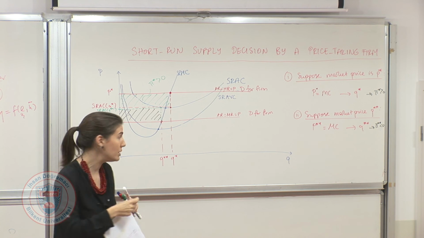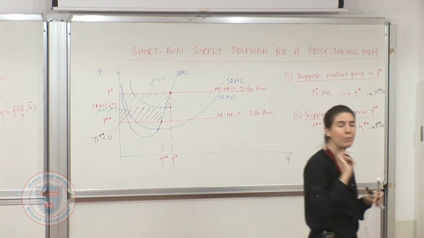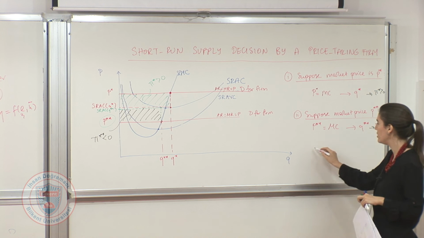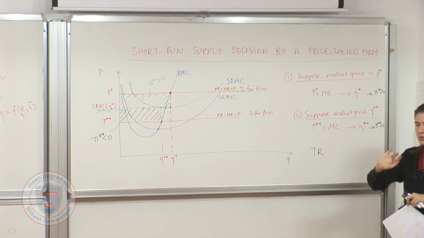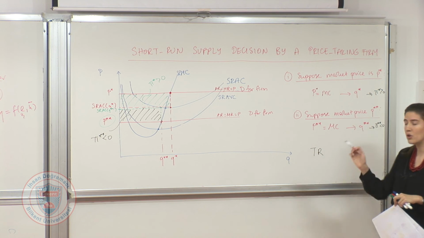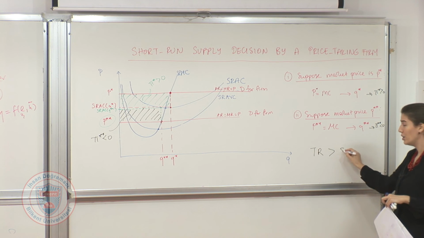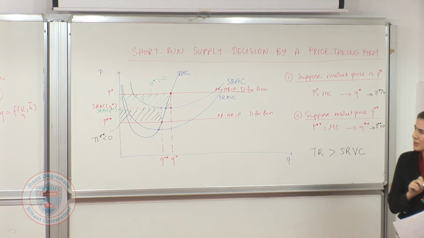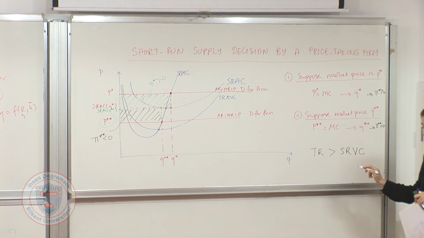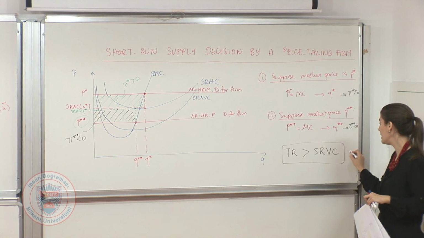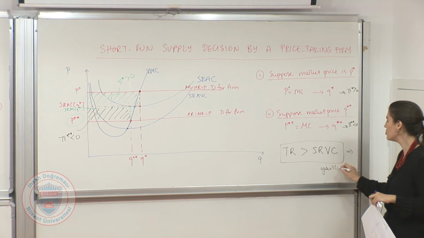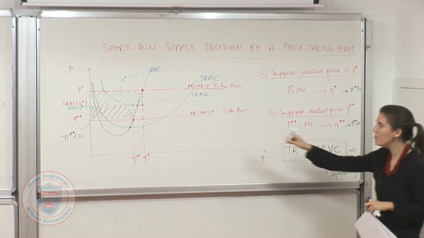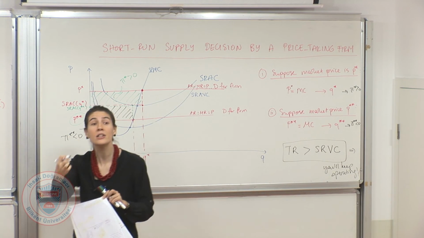But what you can do is cover your variable costs. As long as your total revenue covers your short-run variable costs, then you'll keep operating, as you do here. Because the loss that you make here is what we call an economic loss.